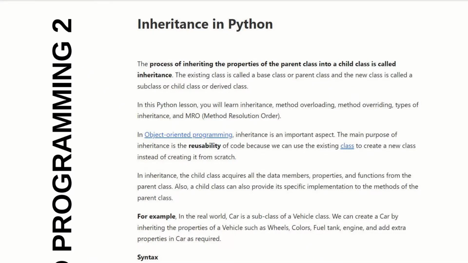So what is inheritance? The word inheritance means we can inherit the properties of our parent class into our child class. When a child class inherits the properties or acquires the members or functions methods of the parent class, that is called inheritance.